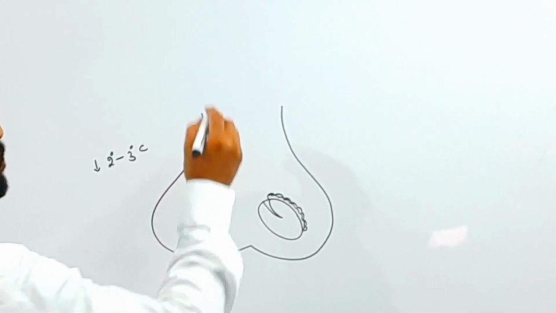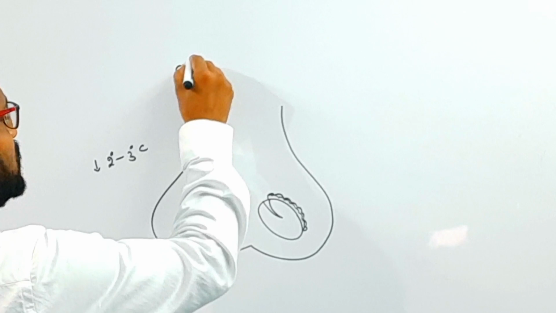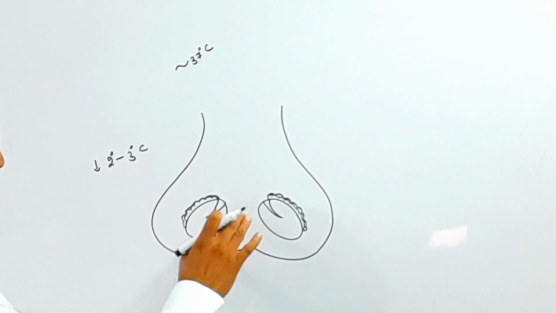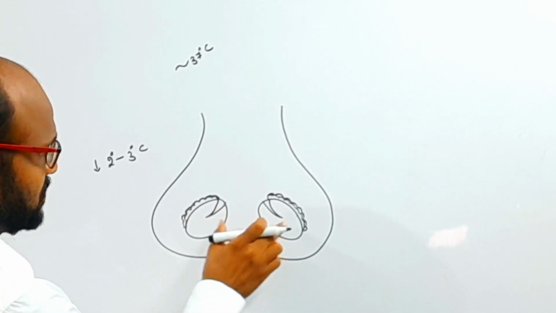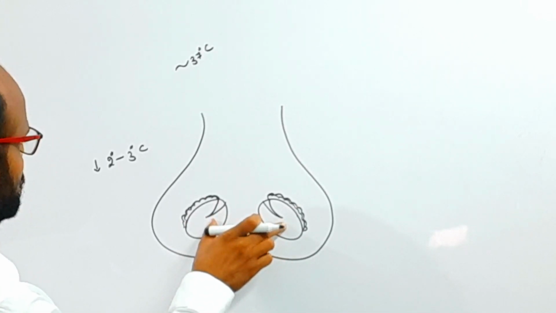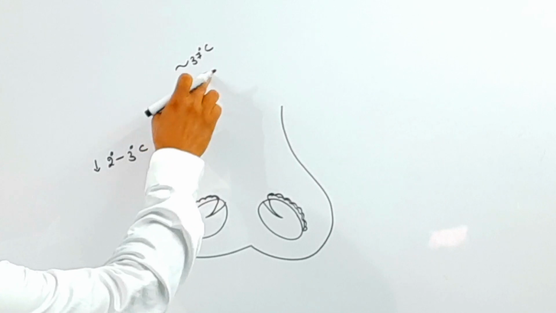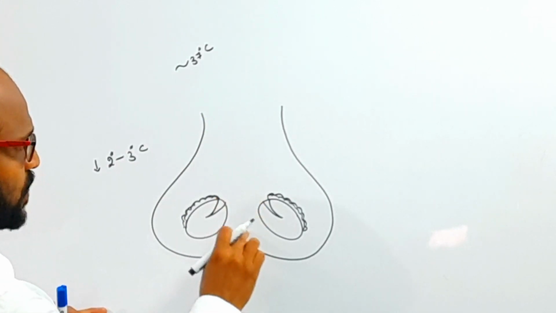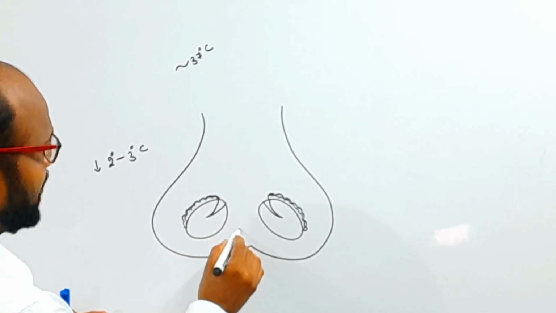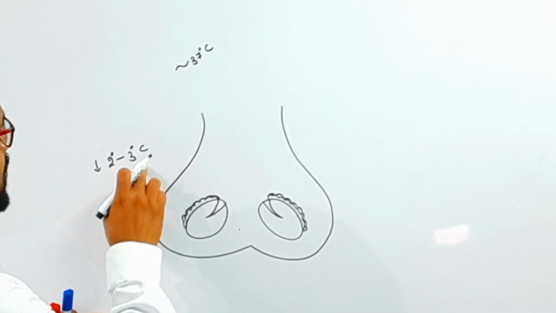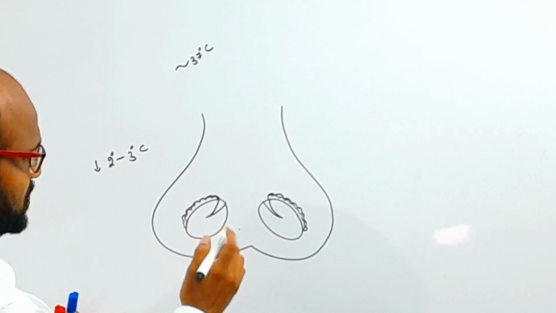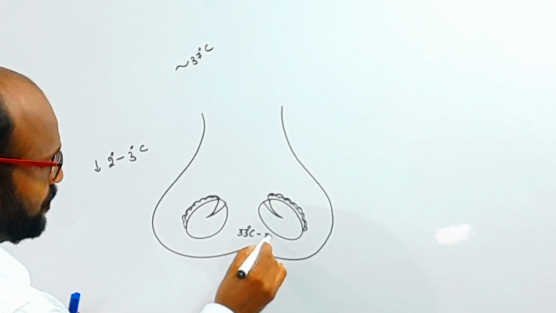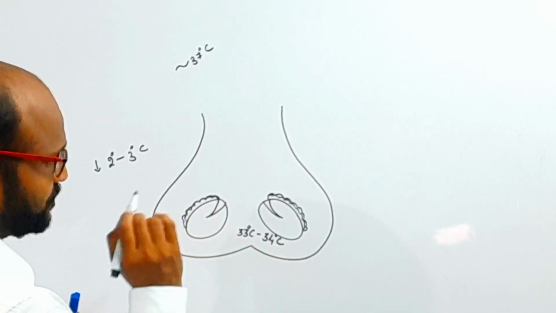Suppose the core body temperature is about 37 degrees centigrade. The temperature the testes need is lower than the core body temperature, so the intrascrotal temperature should be maintained 2 to 3 degrees less than the core body temperature, that is, about 33 to 34 degrees centigrade.